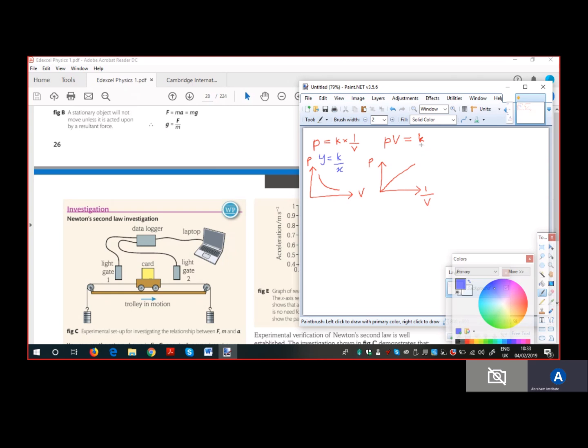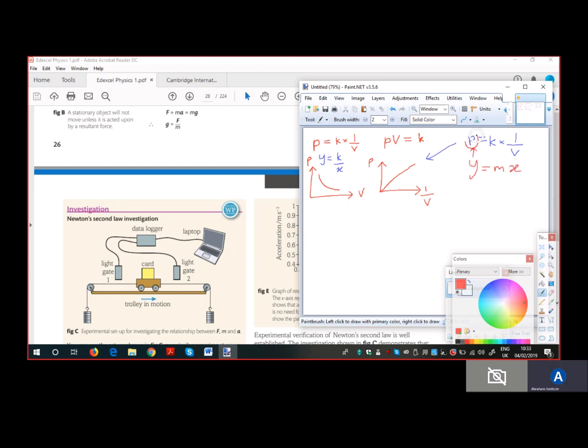But if you plot this one, I will rewrite this equation. What we have here is P equals k times 1 over V. This is in the form y equals mx.